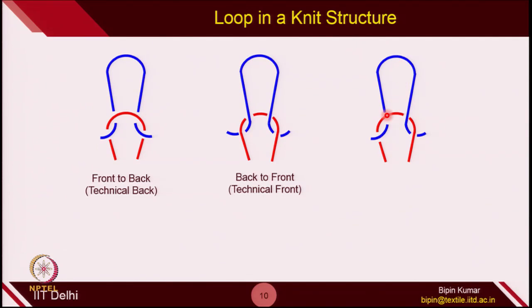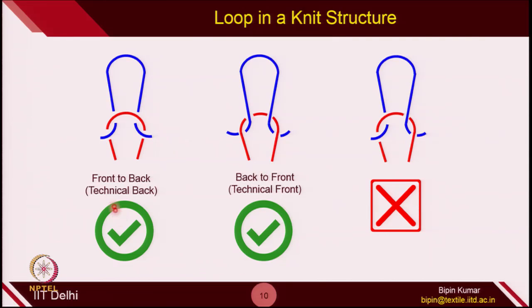So in this movement the yarn makes 3 types of transition: front to back, then after making the loop from back to front, and then again from front to back. This is in reality not possible when we design any loop inside the fabric structure. So these 2 are the only possible ways in which a loop can exist inside a knit structure.